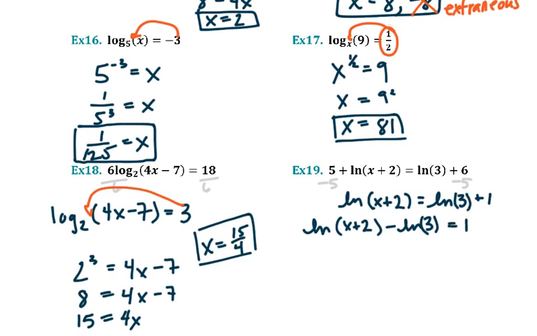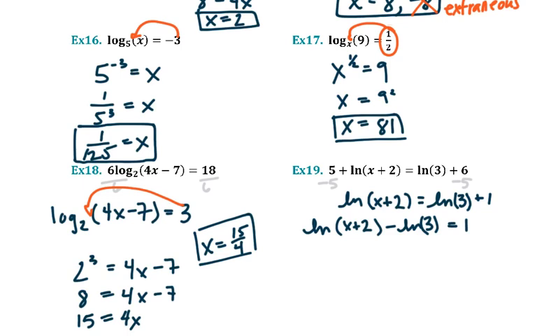And putting parentheses around the 3 is cosmetic. Whatever helps you understand it, but you don't need those there. You do need them around the x plus 2. That's important because we want to make sure both of those remain in the argument. But the 3, that's really a choice.